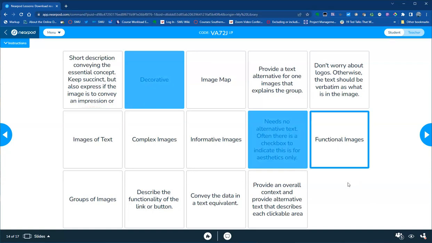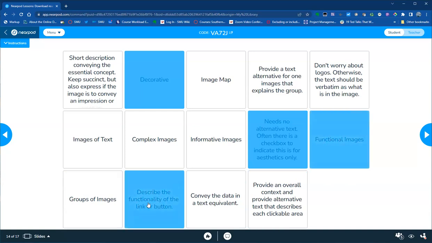What about those functional images? Functional images, remember, are images that actually perform a function when we click on them. Yeah, it's this one, right?